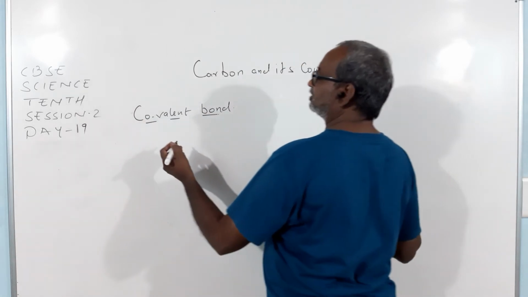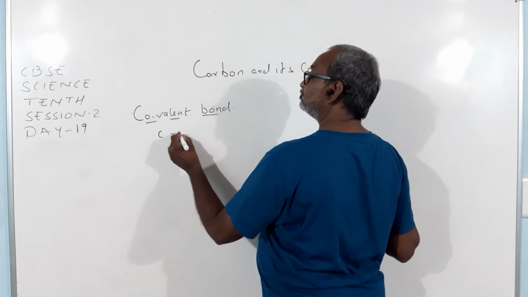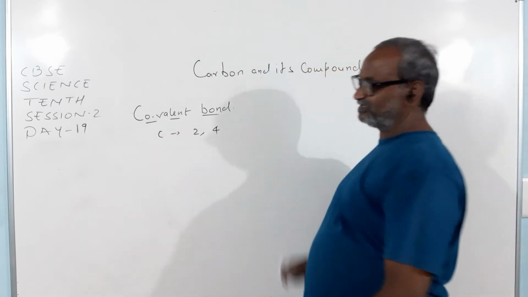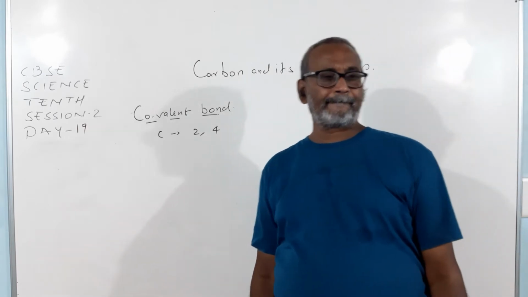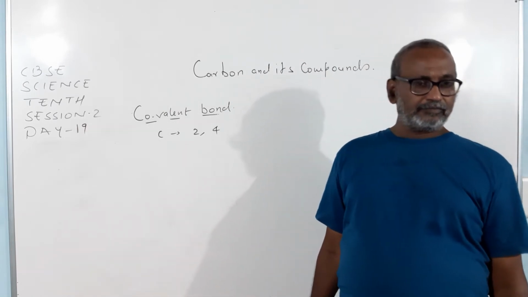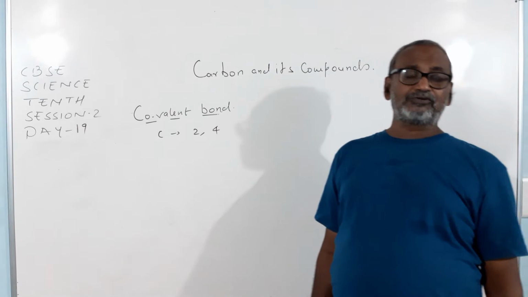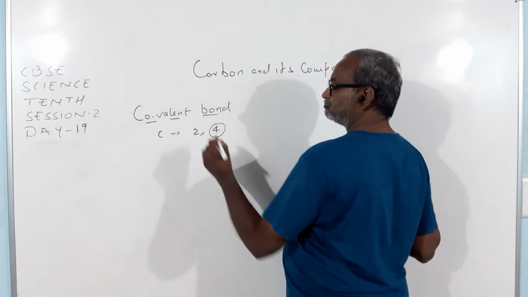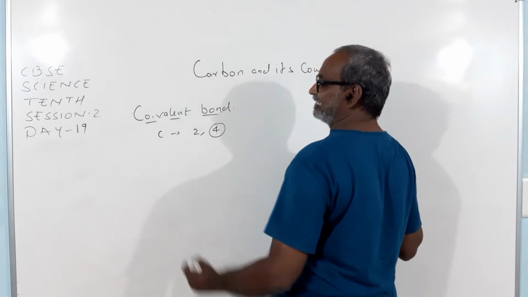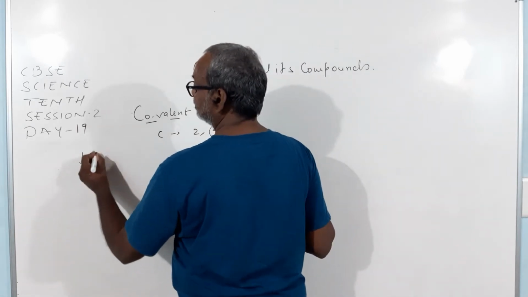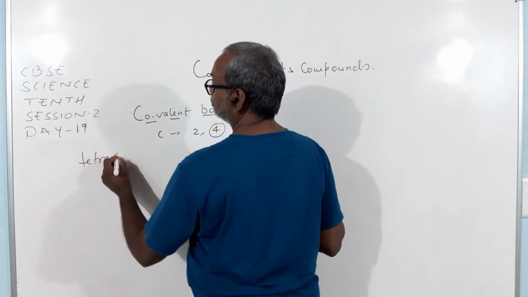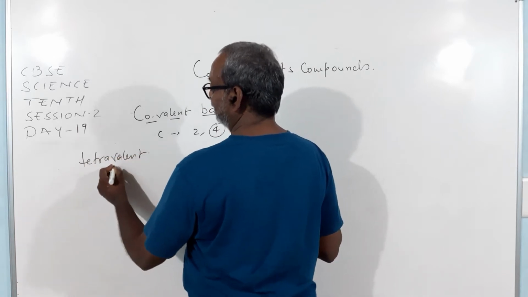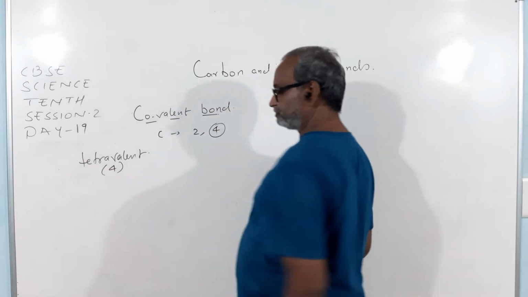Electronic configuration of carbon is 2,4. In the outermost orbit, it has 4 electrons, so it is tetravalent. That is, its valency is 4.